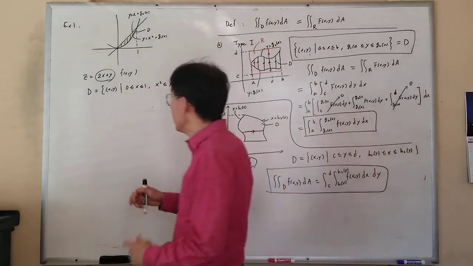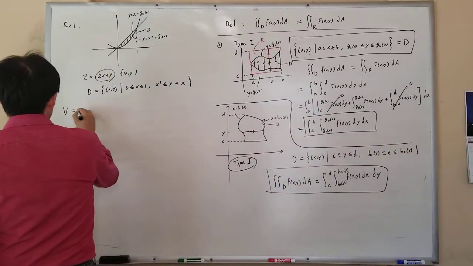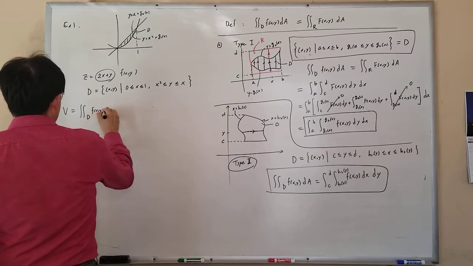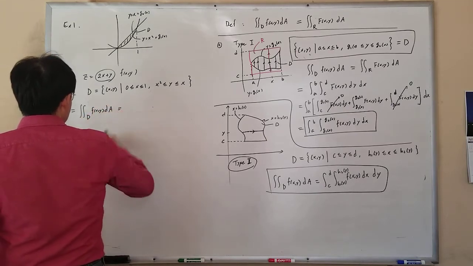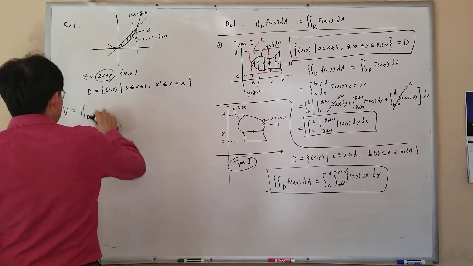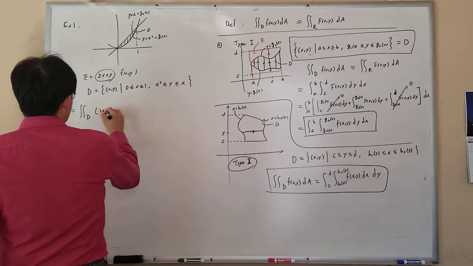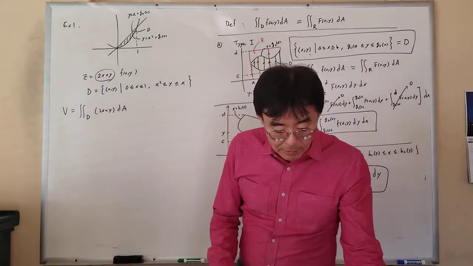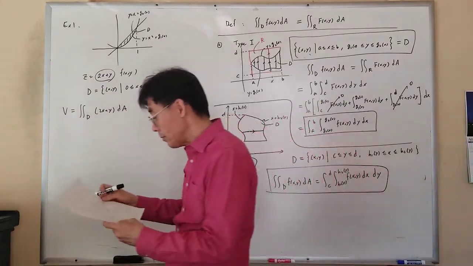So then the volume is the double integral of this solid. That would be f of x,y, that is 2x plus y, dA. All right.